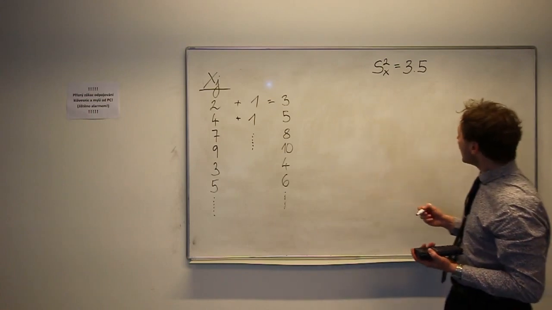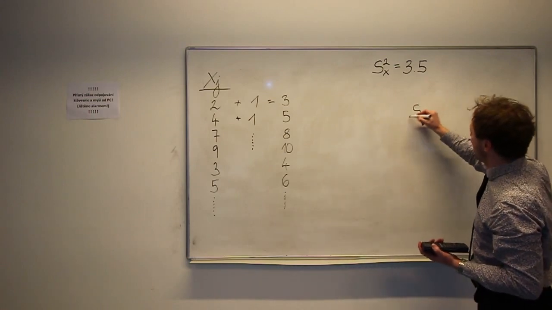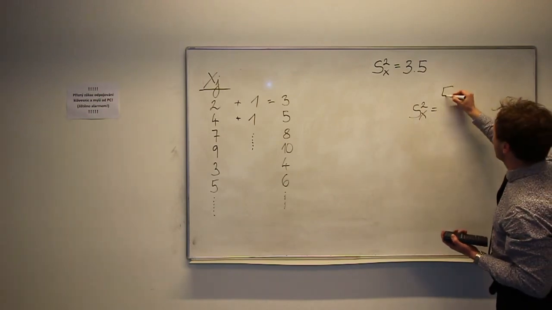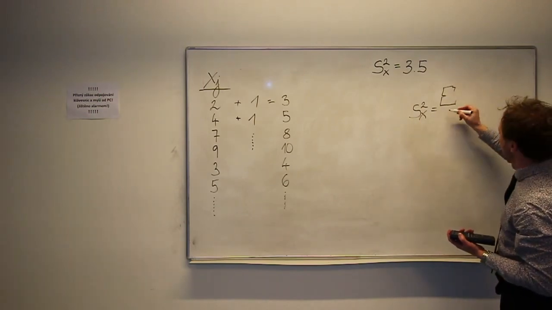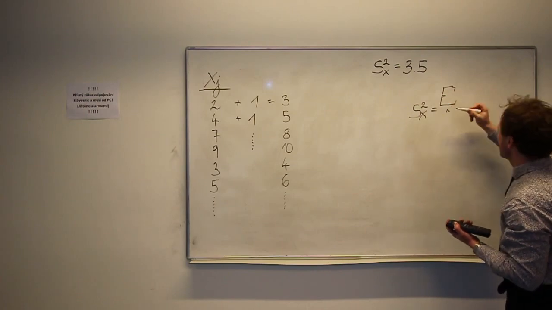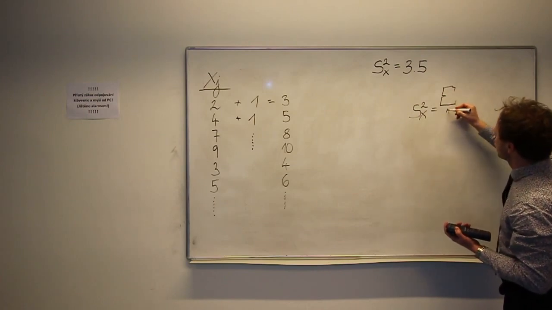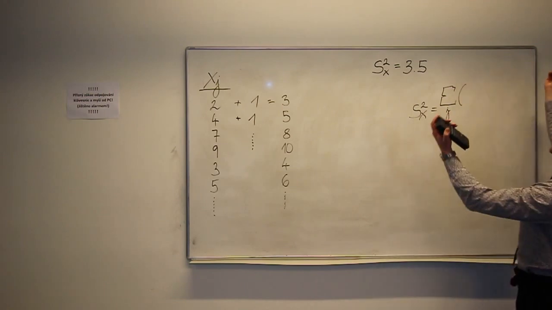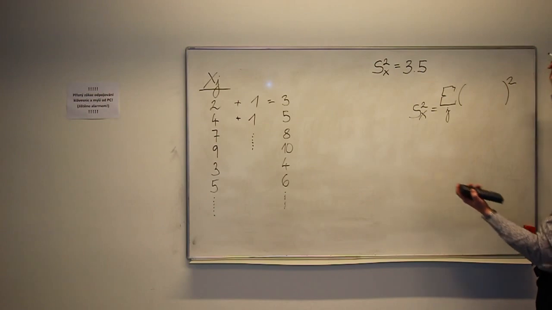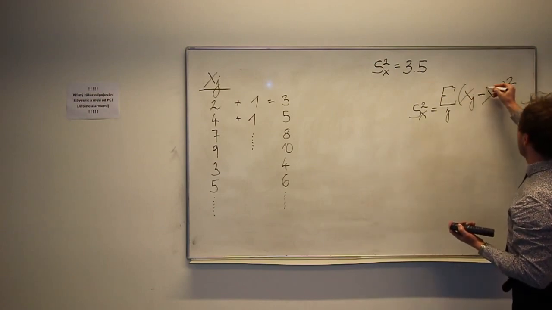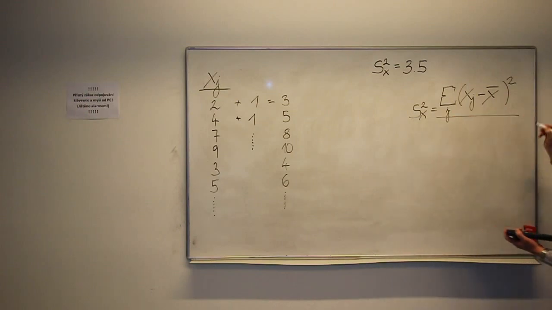Yes, so we know that the variance Sx squared is calculated as the summation through all J of the squared differences between xj and the arithmetical mean, and this is divided by the number of observations.